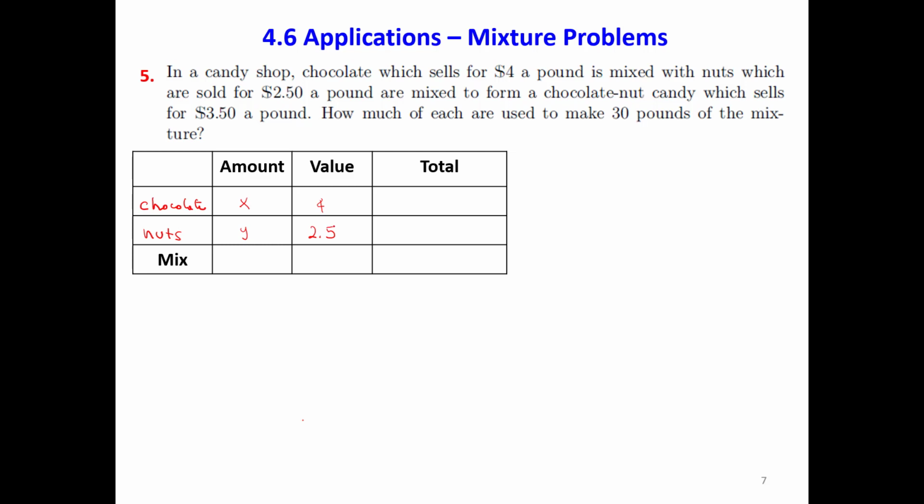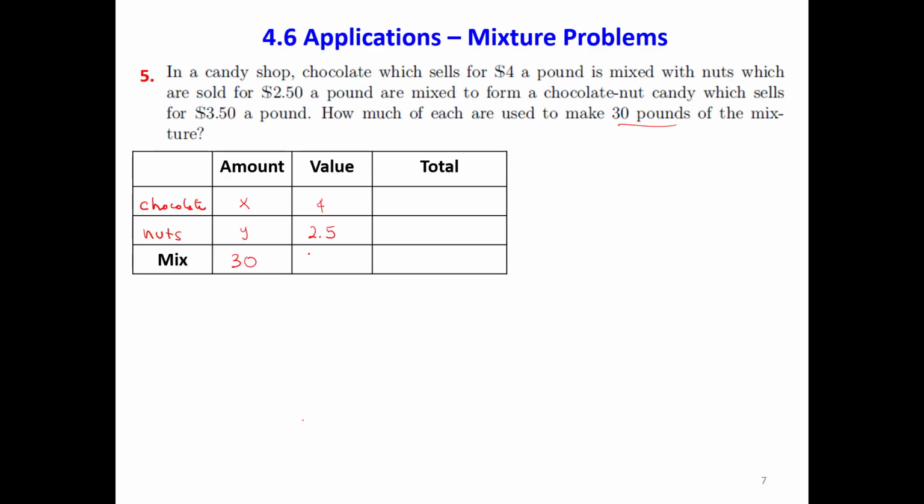And we know when we mix the amount of chocolate and the amount of nuts, we will have 30 pounds as the mixture. And the value for 1 pound of the mixture is 3.5. Yes, this is what we know.